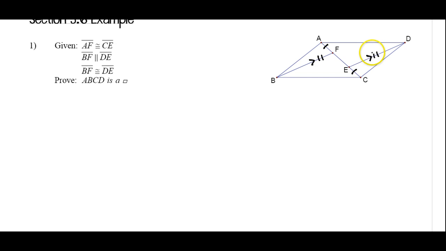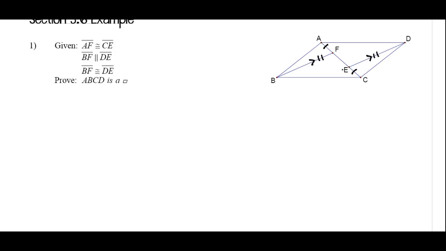So what I'm going to see is if I can get both pair of opposite sides parallel, or both pair of opposite sides congruent, or one pair of opposite sides parallel and congruent.